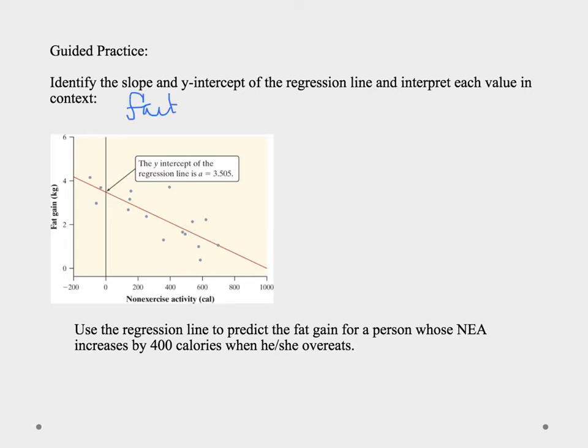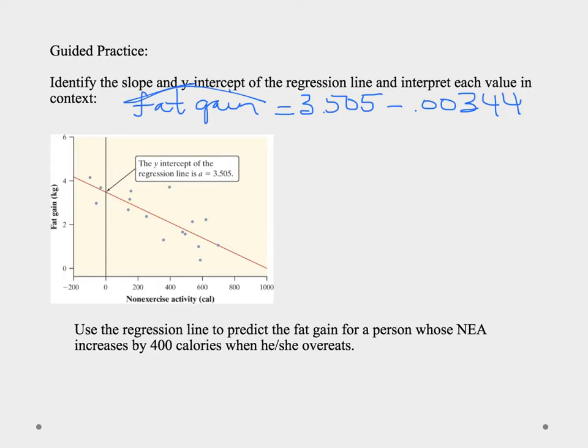Fat gain, and this is fat gain hat, equals 3.505 minus 0.00344, and then it's your NEA change. So fat gain hat, in other words, the predicted y value equals 3.505 minus 0.00344.